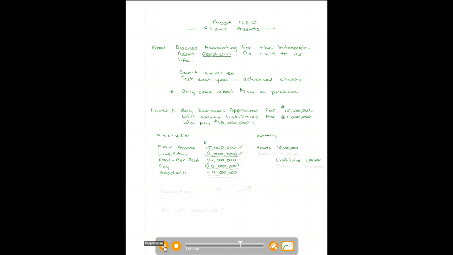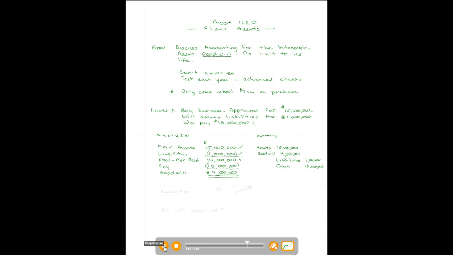As far as our analysis goes, we're now to net assets, which is just math. We actually write a check or sign a mortgage or do something in the amount of $18 million. And then we record goodwill that we have purchased in an arm's length transaction for $4 million. How did I come up with that? Look at my analysis.